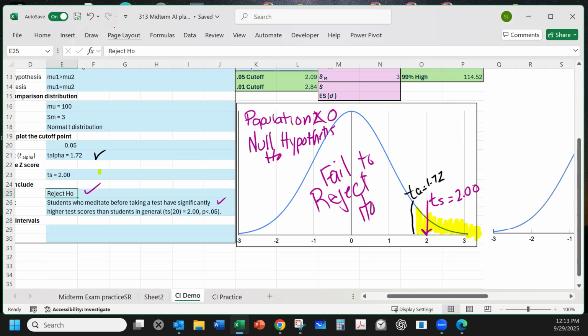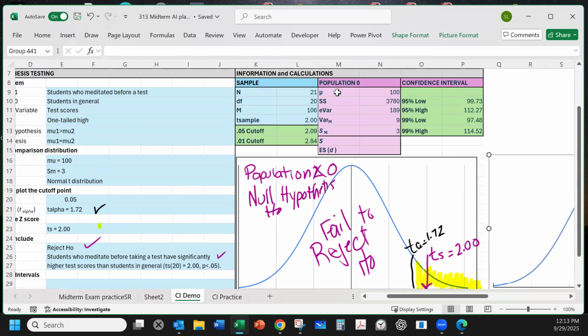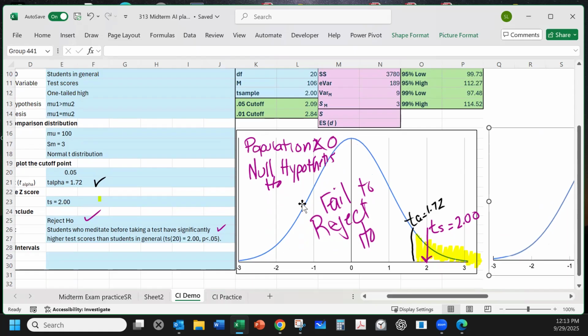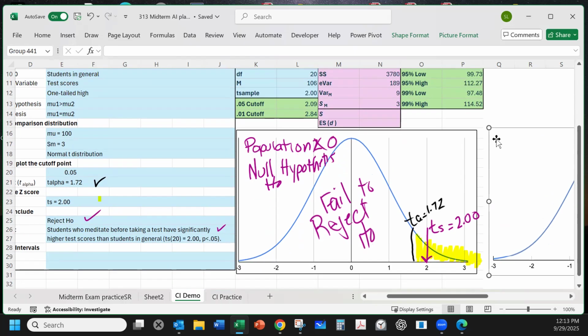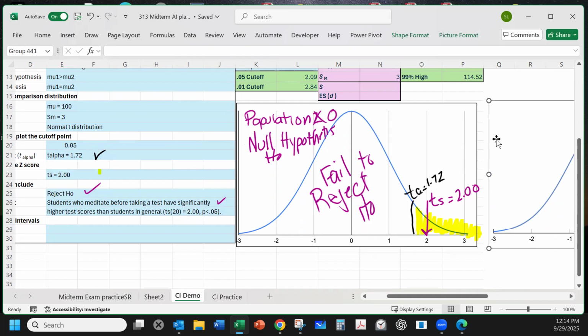I'll just show you right up here. So this distribution is the distribution of means, okay, not the distribution of individuals. And this distribution of means that we use for our statistical test has a mean of 0. And then we look at SM, the standard deviation of the distribution of means, when we talk about this actual distribution we're using to compare.